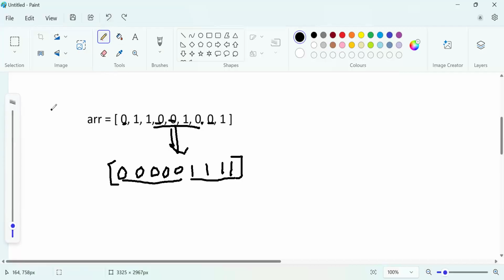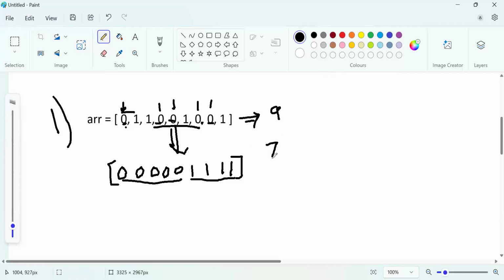So the simplest way is to count the number of zeros. We know the array's length. What will the array length be here? 1, 2, 3, 4, 5, 6, 7, 8, 9. The array's length is 9. Now count the zeros: first 0, second, third, fourth, and fifth.